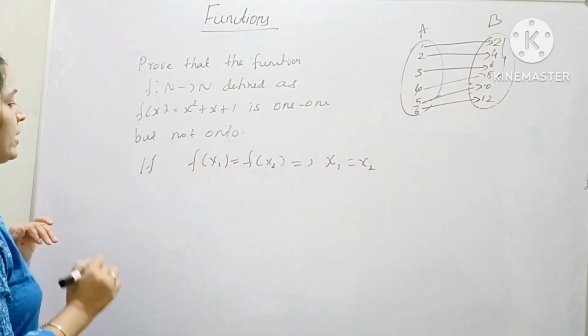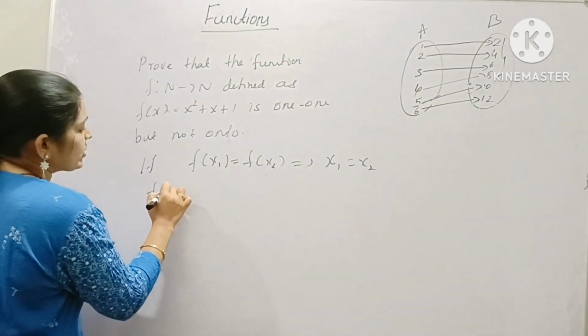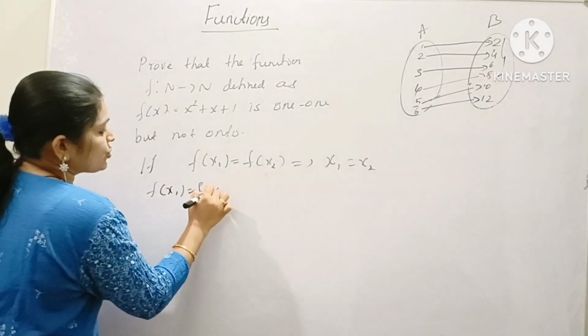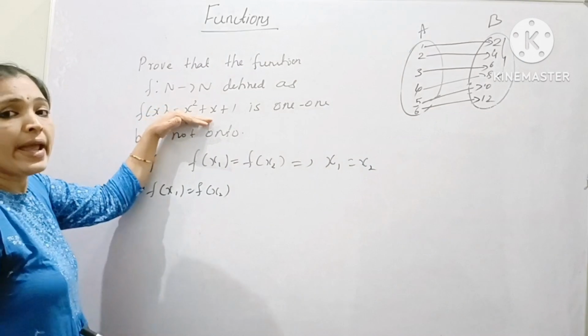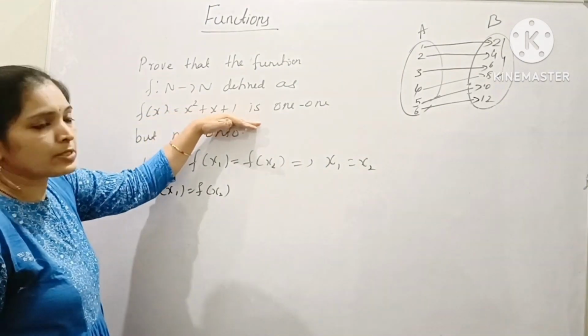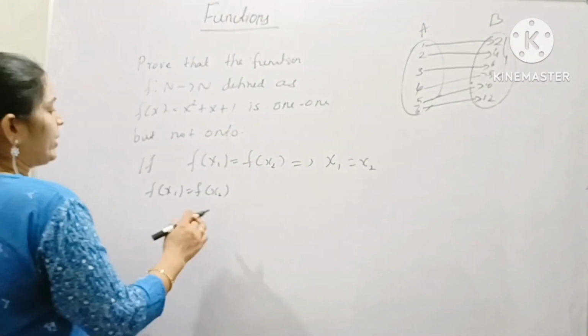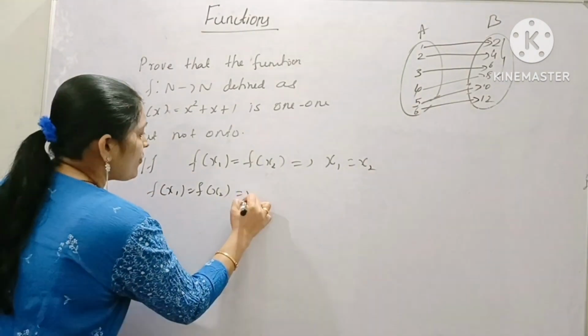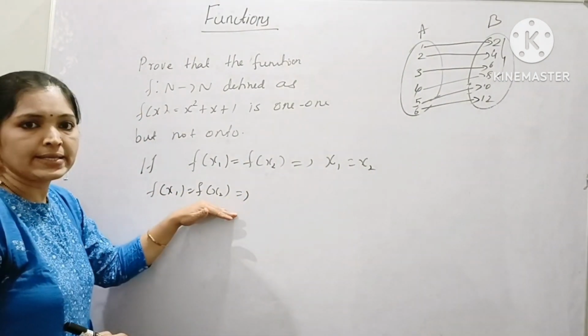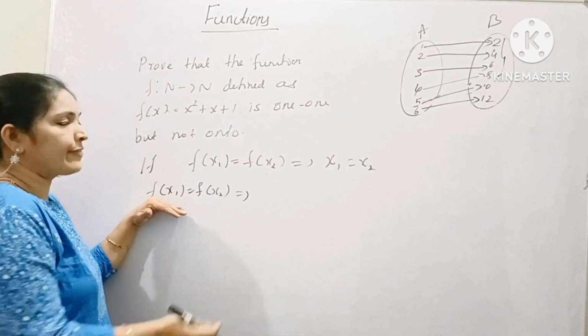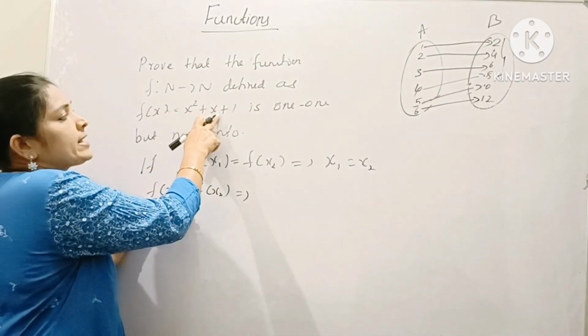So first we take f of x1 is equal to f of x2. What is our function? F of x is equal to x square plus x plus 1.